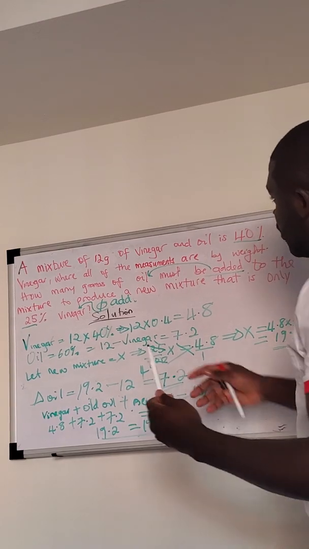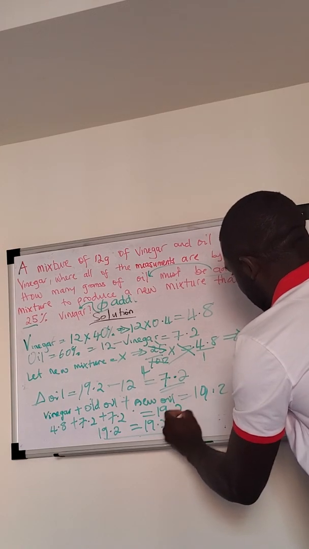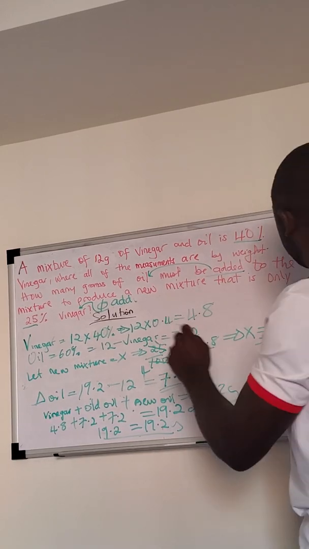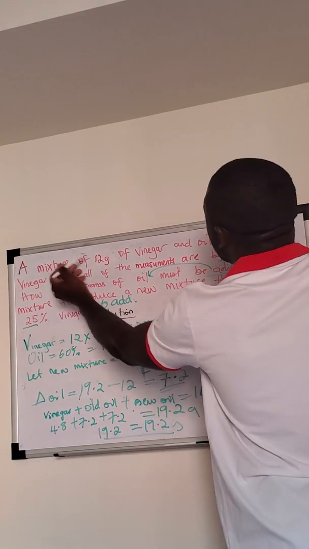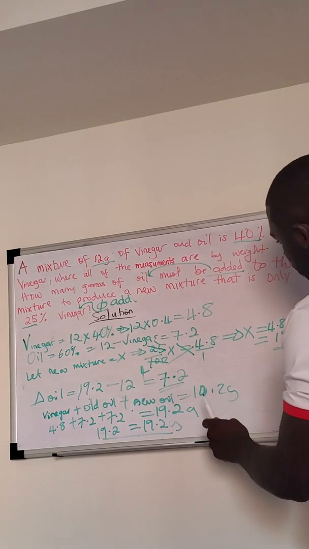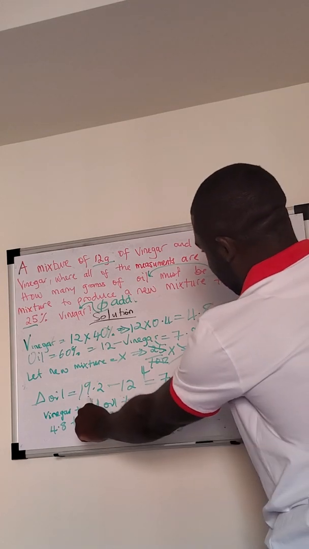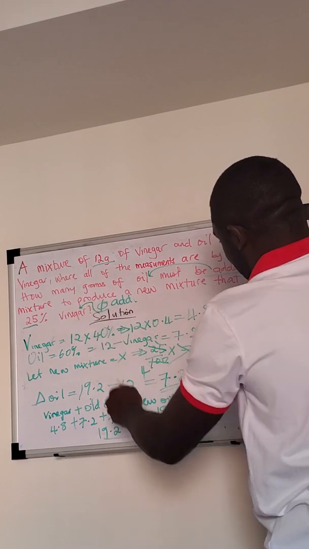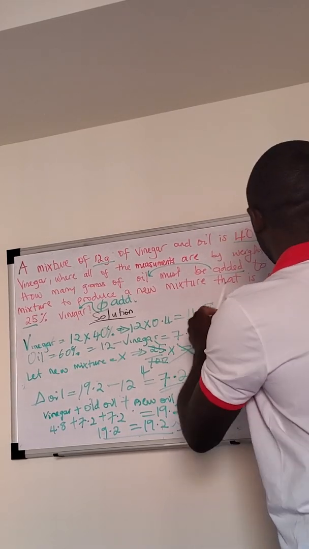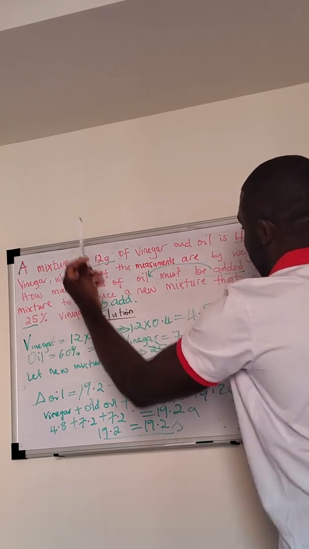Now they have a new part of the problem that says, how many grams, remember we're measuring in grams, of oil must be added to the mixture, which was 12 grams. That's why we did the calculation 19.2 minus the mixture, 12 grams. That's the difference that was added such that only 25% of the solution is vinegar.